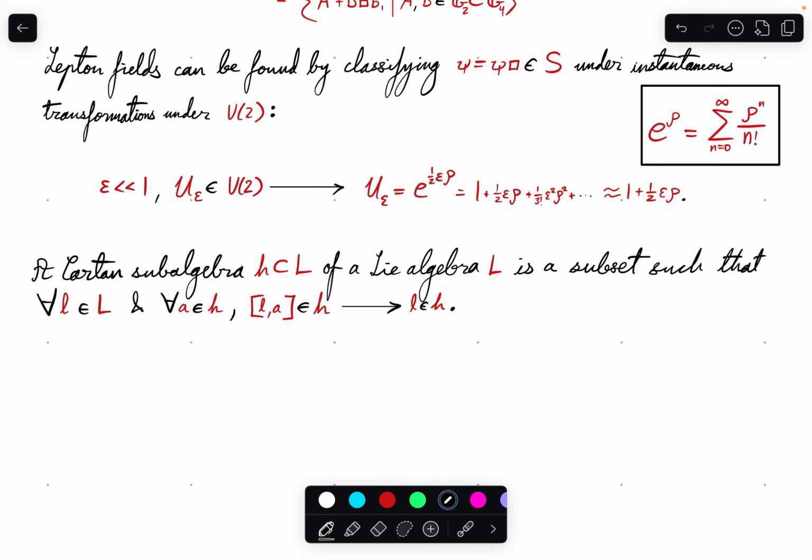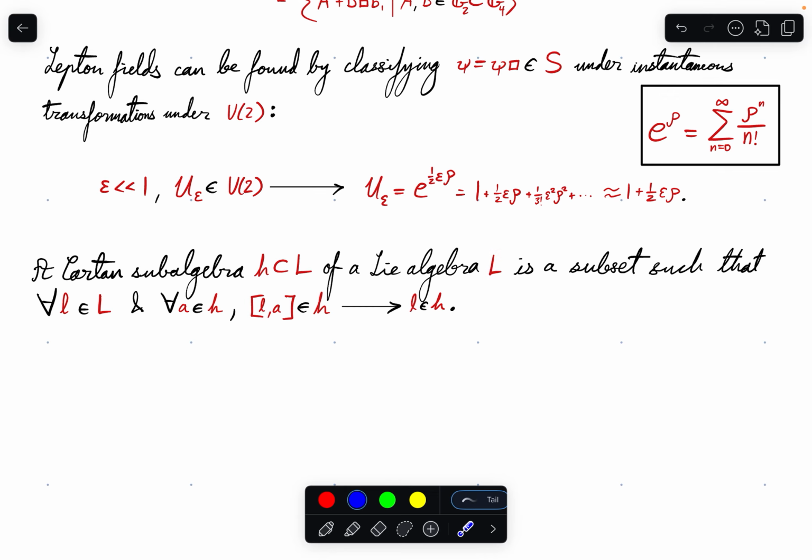And so effectively, what this is saying is that a Cartan subalgebra is a subalgebra such that only elements of the subalgebra stay in the subalgebra. It's not like an ideal where if I take an element of a Lie algebra and then I multiply it times an ideal, it stays in the ideal.